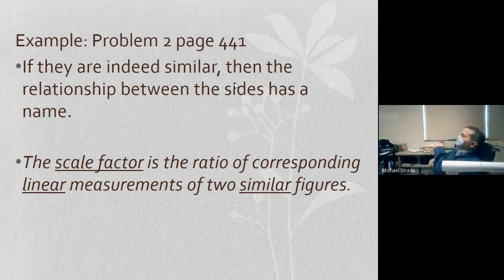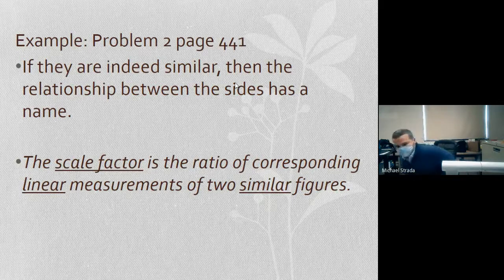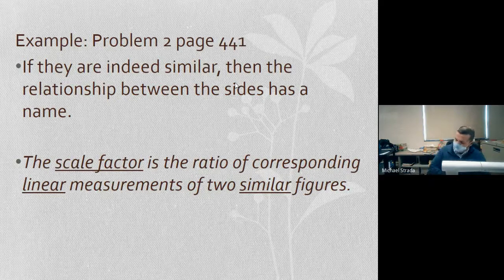So if a map says 1 inch equals 200 miles, can you figure out how far two cities are on the map? Yes, that's scale factor. The 1 inch to 200 miles is your scale factor. The scale factor is the ratio, of course. If one city to another city is 5 inches, they're 1,000 miles apart. You got it.